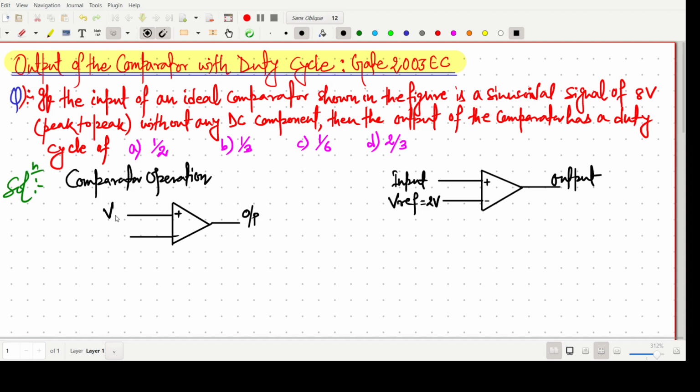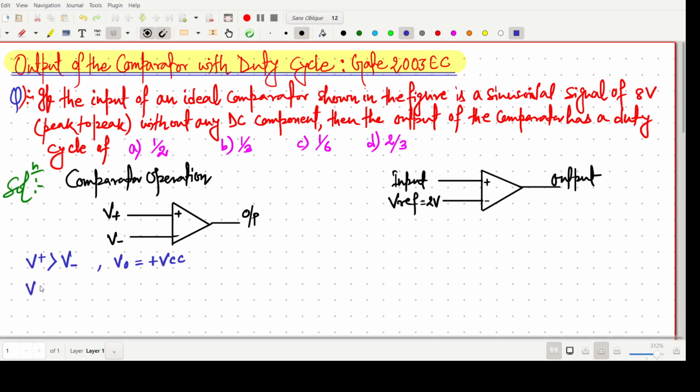I am saying this is V plus and this one is V minus. If V plus is greater than V minus and it is open loop, then the output voltage V naught will be plus VCC.